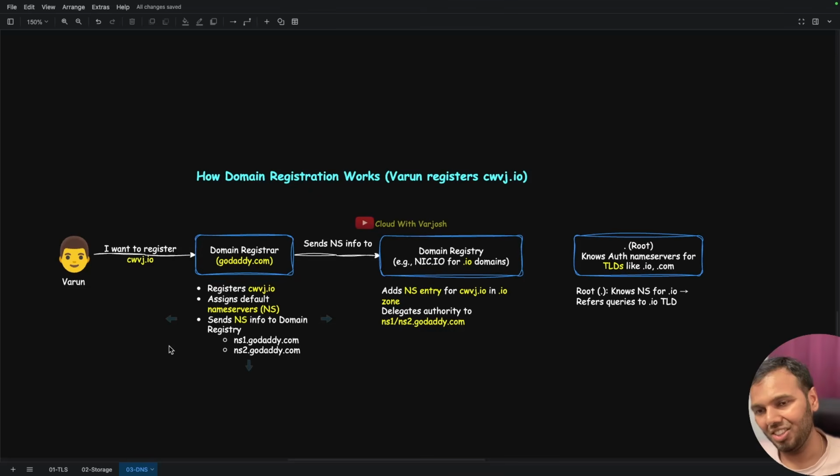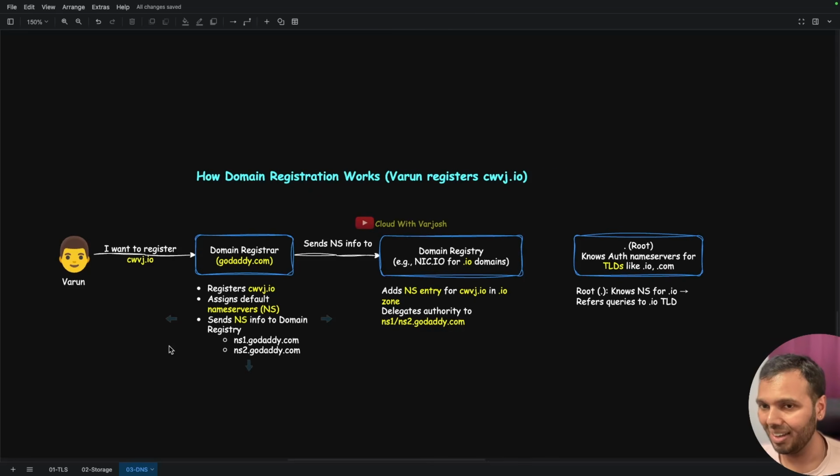Now Varun reaches out to godaddy.com and says register cloudwithvarjosh.io for me, and once Varun does that, godaddy.com will automatically assign name servers to Varun. So now these name servers are authoritative. When someone queries these name servers, they will return the IP address for cloudwithvarjosh.io.